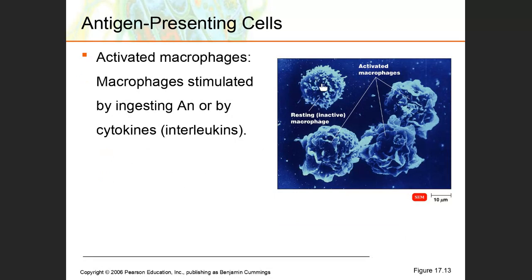So it's basically just sort of chilling, hanging out, but when it's been stimulated, notice the membrane is all extended. And so these macrophages are on the hunt. They know there's something they need to seek out and destroy. And so when you activate the macrophages, they're now on high alert and they go out looking for the enemy to find it.